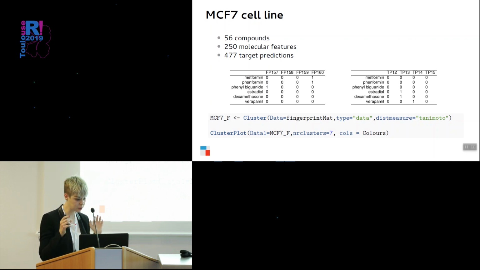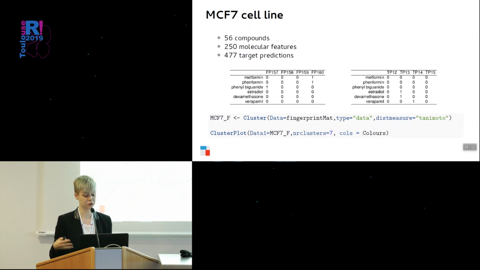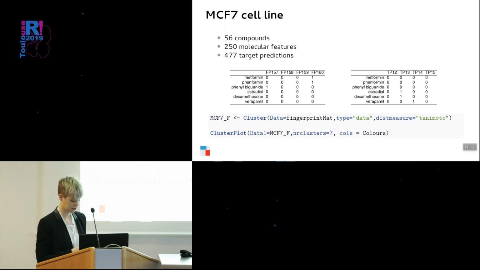We would like to combine the information present in these data sets, but it's always a good idea to also look at the single source clustering results to become more familiar with the data. So we can perform clustering on just the molecular features and see what it looks like.